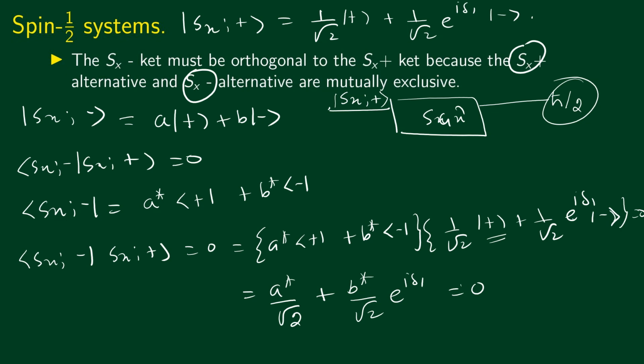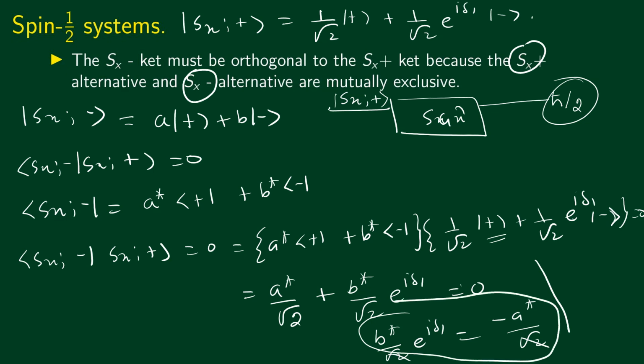This means B star divided by root 2 e raised to I delta 1 is equal to minus A star divided by square root of 2. I can cancel the square root of 2 and multiply by e raised to minus I delta 1 on both sides, so I get B star is equal to minus A star e raised to minus I delta 1. This is what I get from the orthogonality condition.